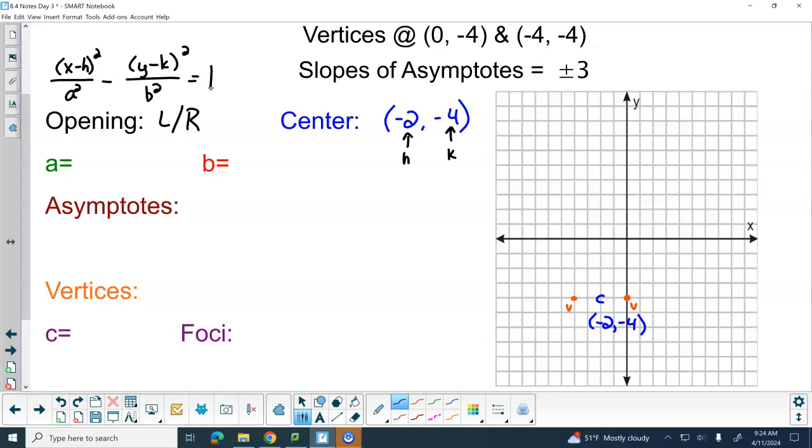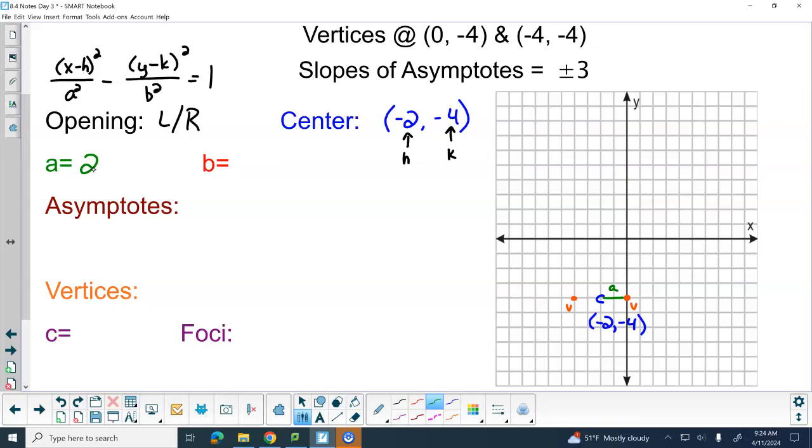Not necessarily quick longer, but what else did we find? We found the value of a, because a is how far left and right we go from the center, right? And the value of a is 2. With me on that? We found out a lot of things.